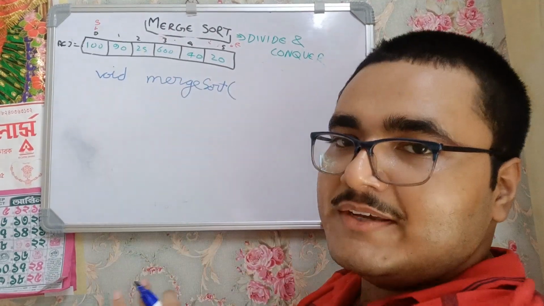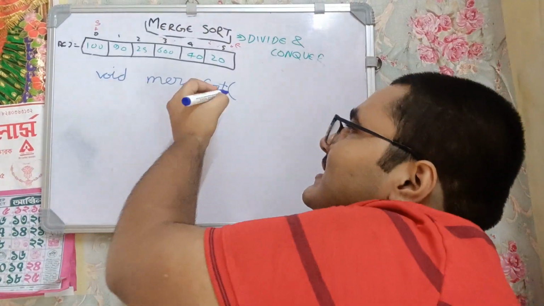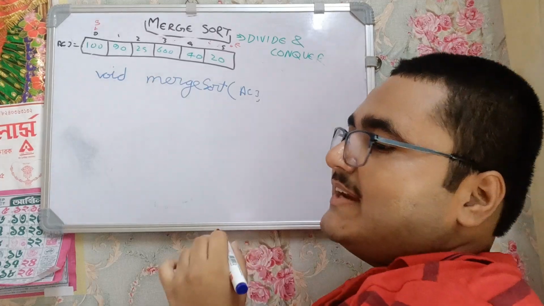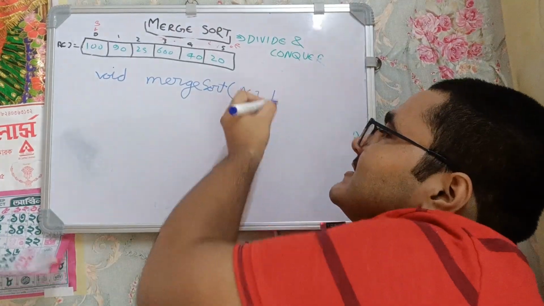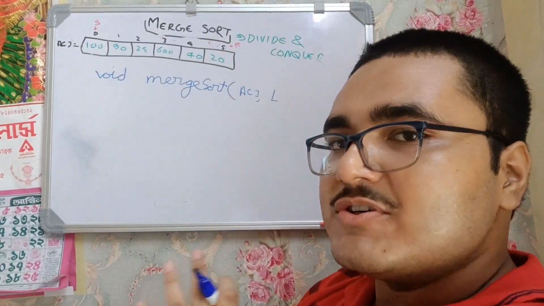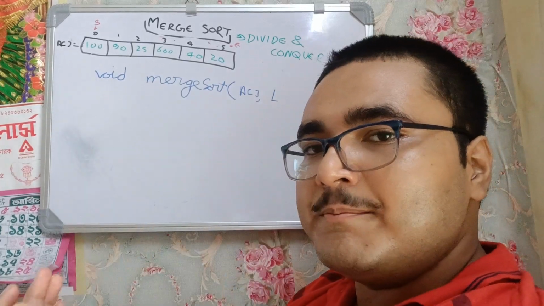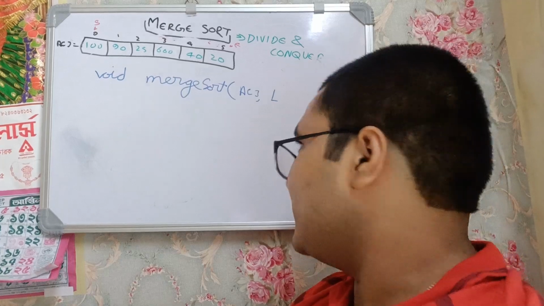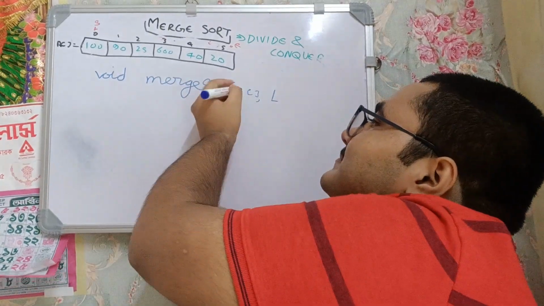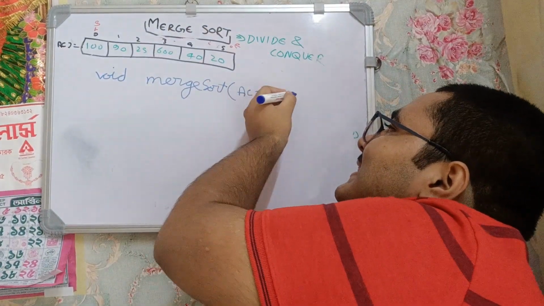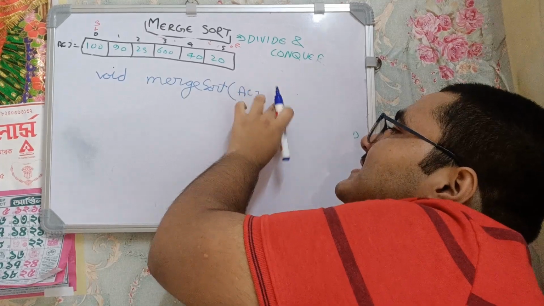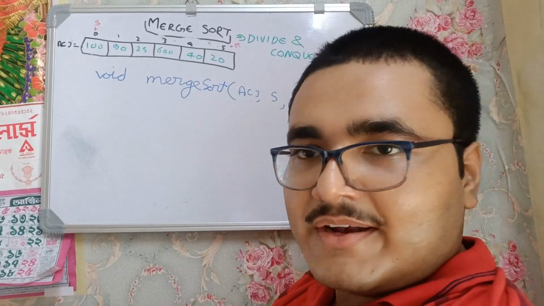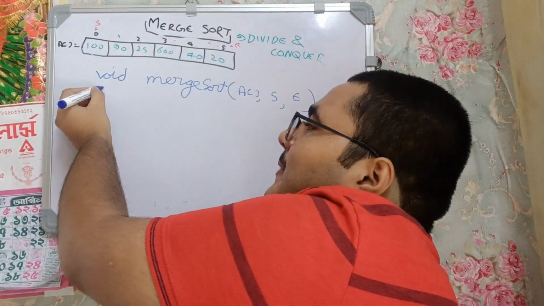Definitely it will be accepting the array first. See, the data types I am not considering here because I am writing a pseudocode, but when you will be implementing it in the code, you should also mention the data types of the variables you are taking. So say suppose A, then start and end, fine, right, opening brace.